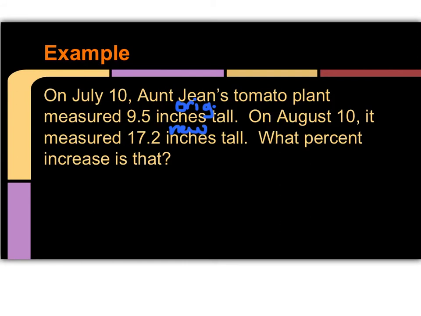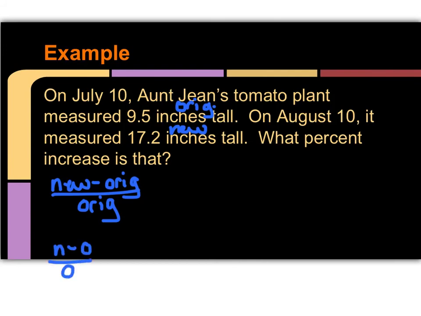Remember, we're using the equation new minus the original divided by the original. Another way of writing that would be n minus o divided by o. So the new height is 17.2. Subtract the original, and now divide by the original.